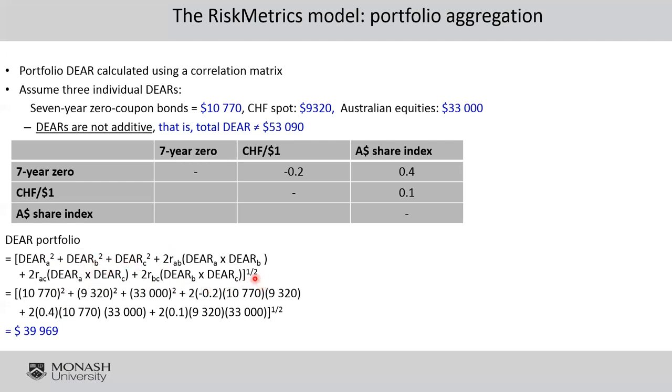We add them all up, take the standard deviation of this, and find it to be 39,969. This is the risk of my whole portfolio. So we have to calculate the DEARs and put them in this matrix to get the aggregate risk. Now I'm done with the most technical part, but this model has problems.